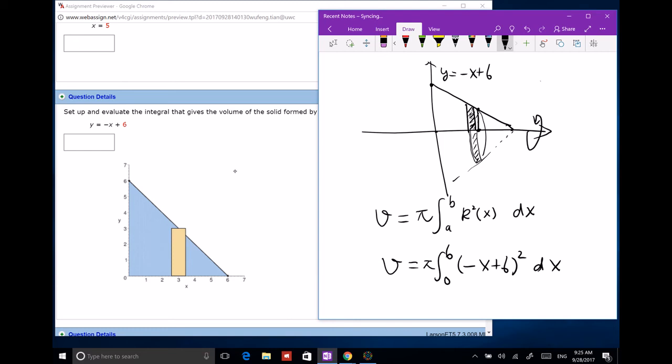If you revolve this with respect to the x-axis, you're going to have a disk. Just use a pen, revolve one with respect to the x-axis, and you can see there's a disk, right?